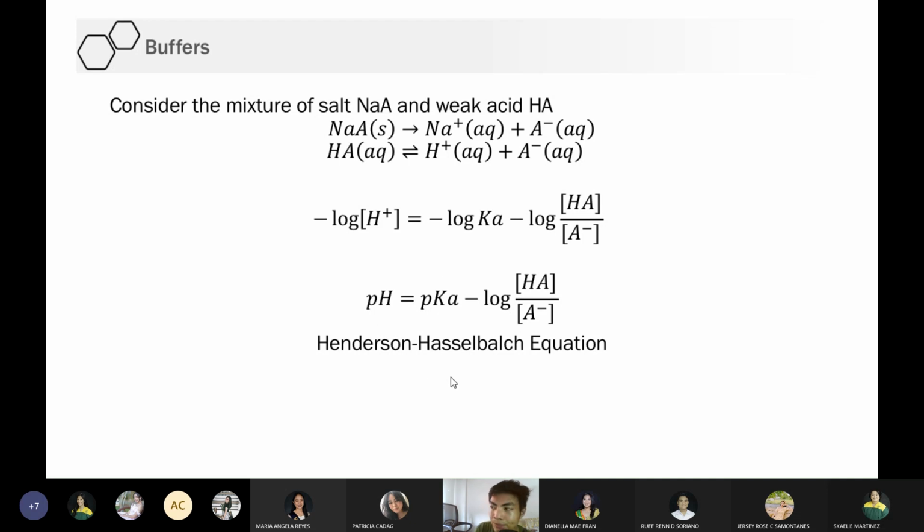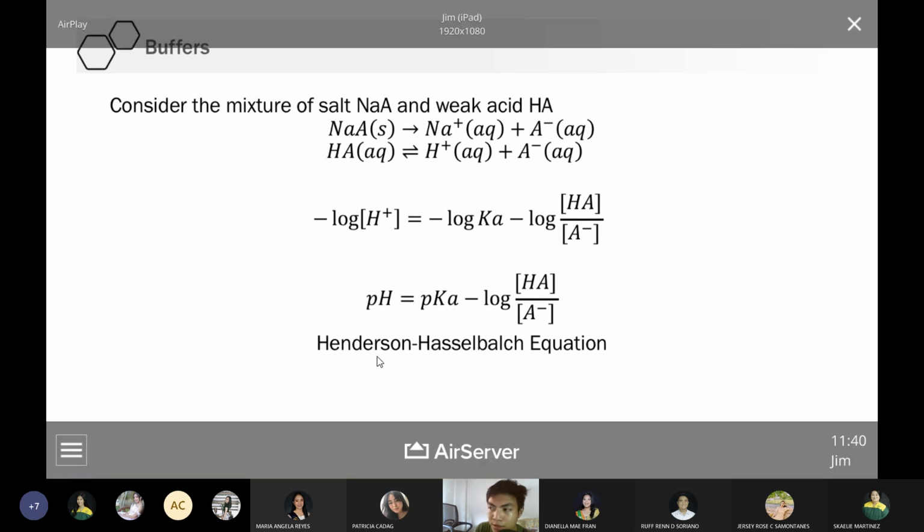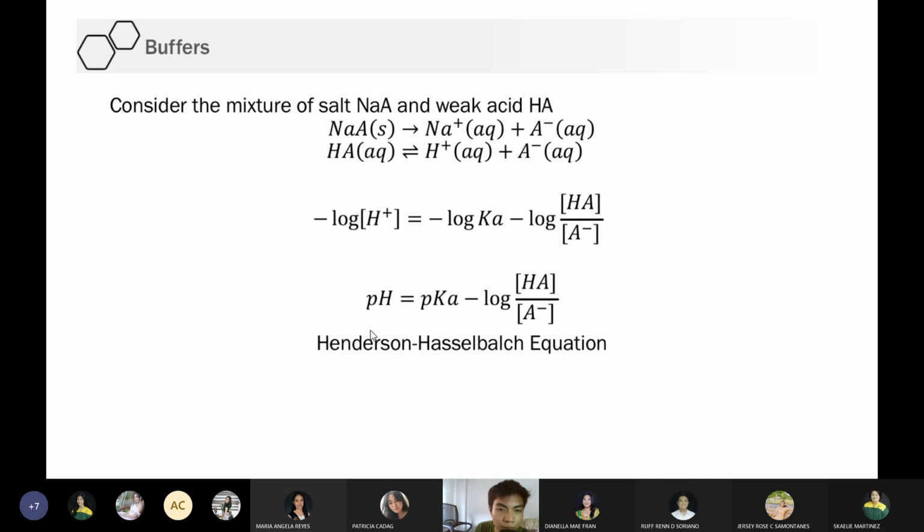So ano purpose na ito? The Henderson-Hasselbalch Equation will tell us what should be the amounts of your acid and the conjugate base so that you can prepare a certain pH. No? So you can prepare your buffer solution at a certain pH. So this equation is useful kapag kayo mag-work sa buffer solutions. No? Kunwari, you are working with enzymes or bacteria.